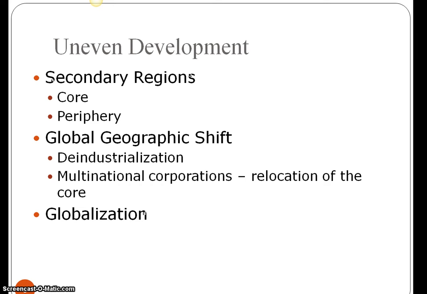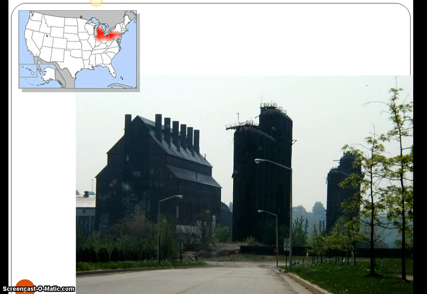However, we've really noticed a global shift with deindustrialization in some areas and multinational corporations relocating their core, absolutely a result of globalization. So countries can have different components of their manufacturing in 10 different countries, where the final elements are brought together and put together in one country.